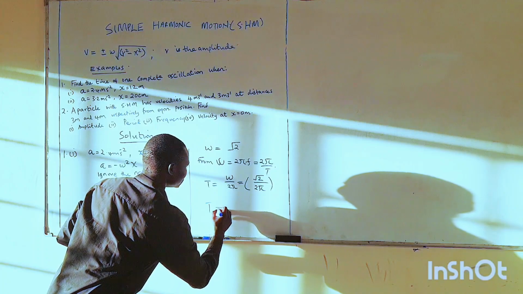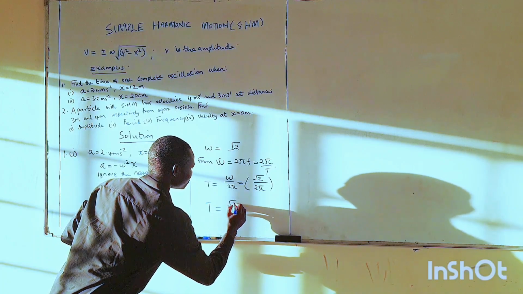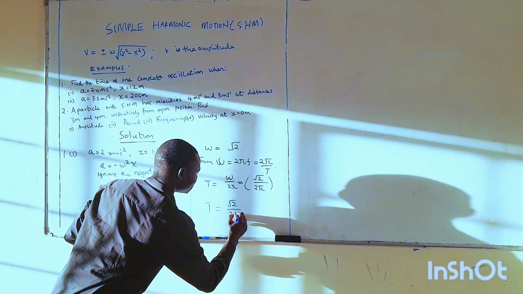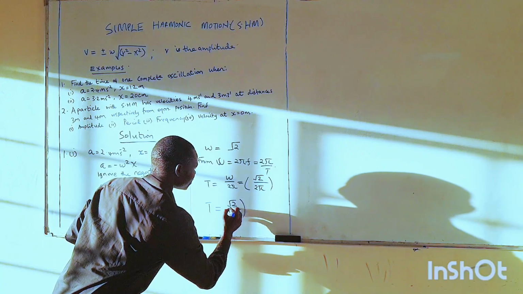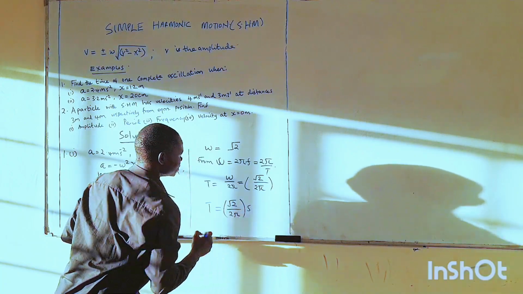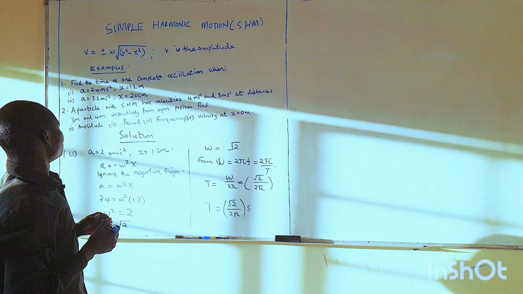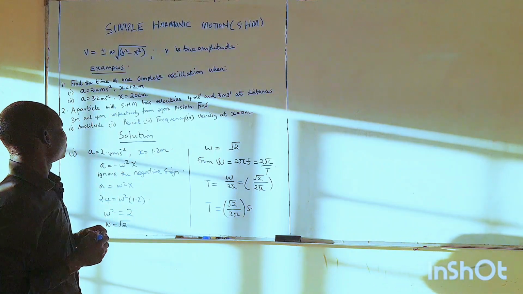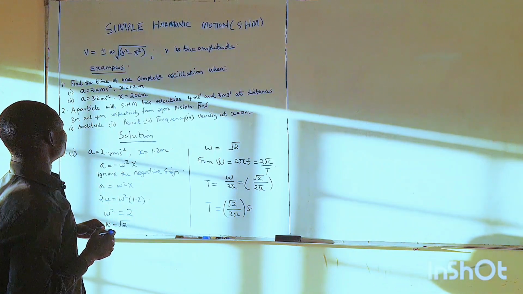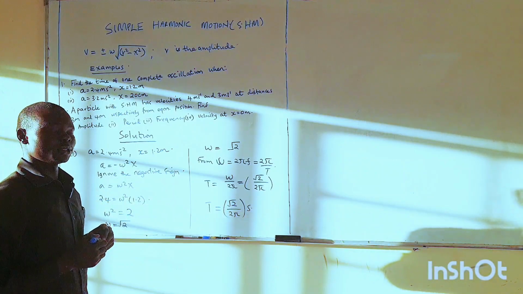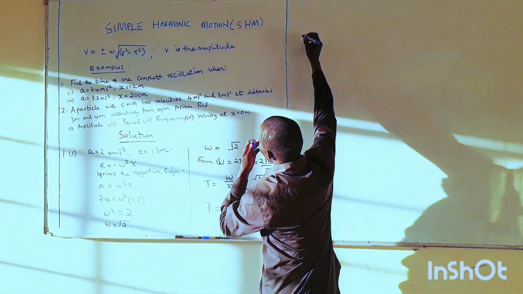So we get our T to be equal to root of 2 over 2 pi as our answer in seconds. So this is the solution for Roman number 1 of question 1. So let us go to Roman number 2.